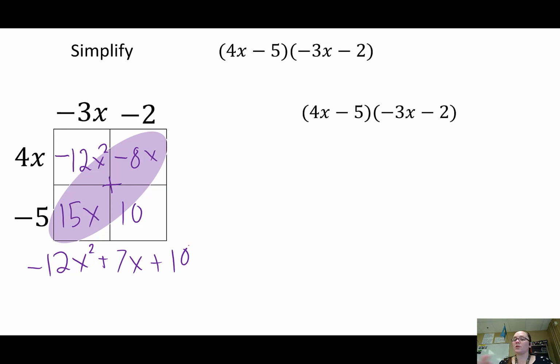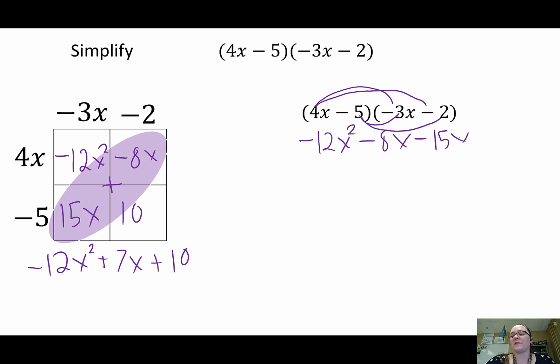Okay, looking at double distributive. So 4x times negative 3x, which is negative 12x squared. Then 4x times negative 2, which is negative 8x. Negative 5 times negative 3x, positive 15x. And negative 5 times negative 2, which is 10. Combine my like terms.